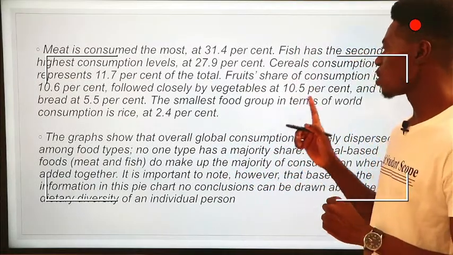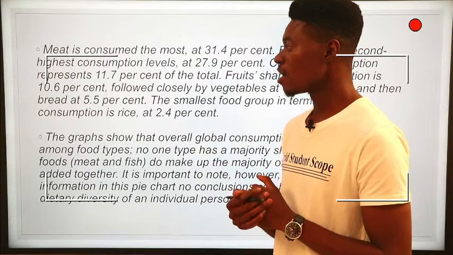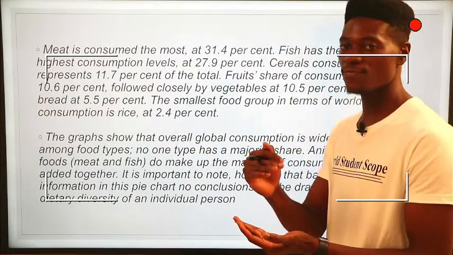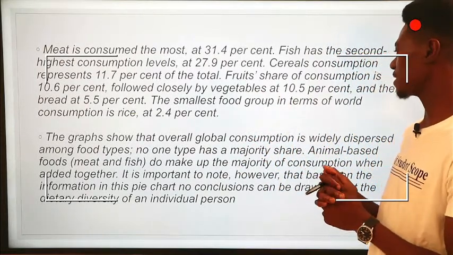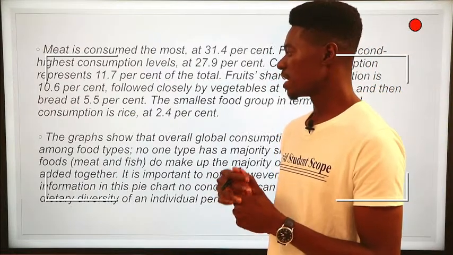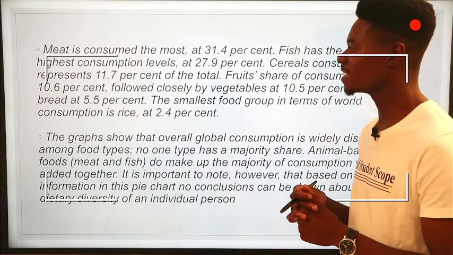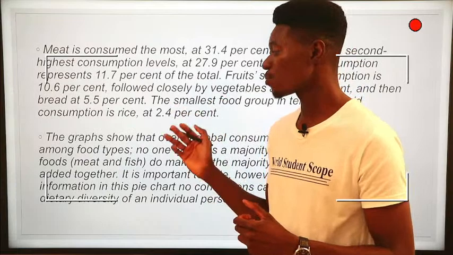Fruits' share of the consumption is 10.6%, followed closely, that means the difference is very small, by vegetables at 10.5%. And then bread at 5.5%. The smallest food group in terms of world consumption is rice, which is 10.4%.